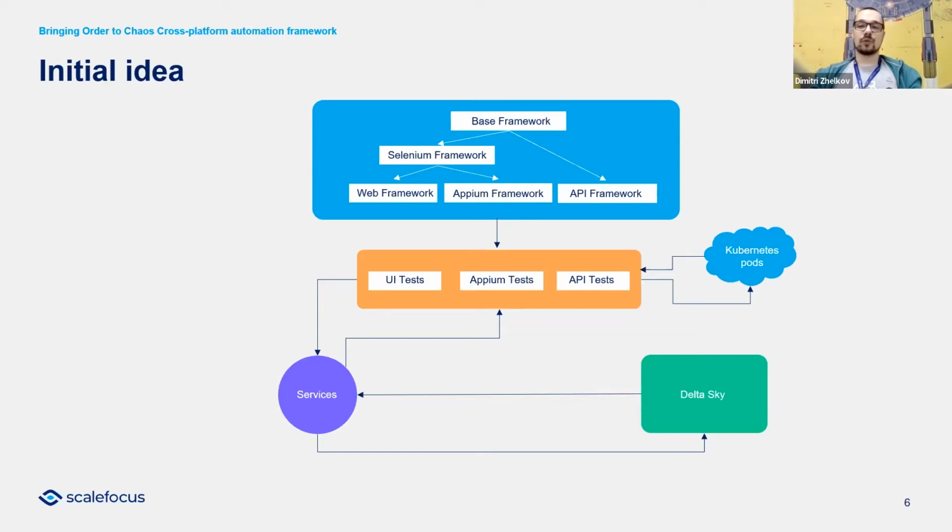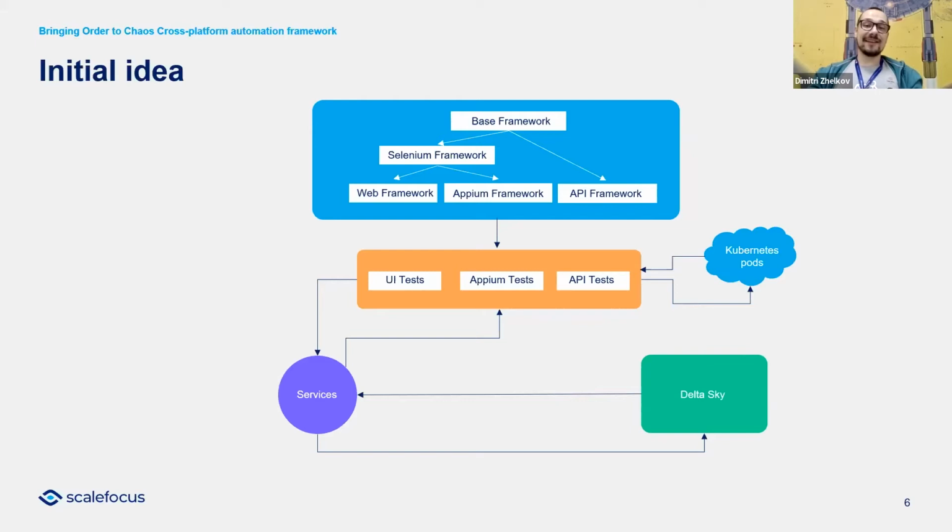And then the service would just chunk up that JSON and then send all the tests that need to be executed. And then the tests themselves would start up Kubernetes pods that would then start those tests. Then they would return the results back to the test, and then through the service, we will get them into DeltaSky.